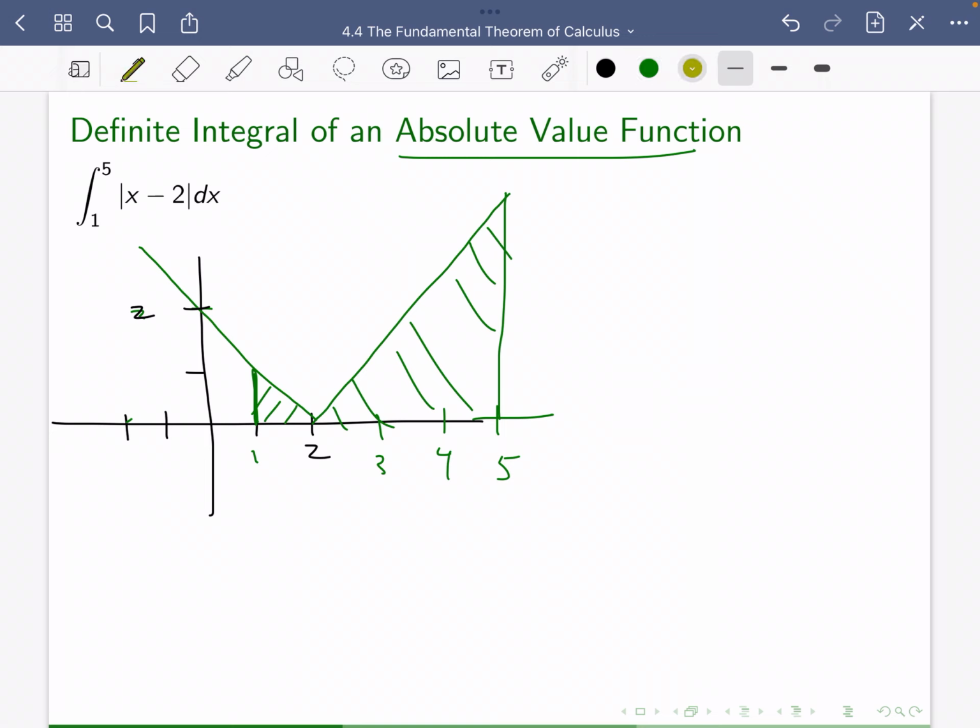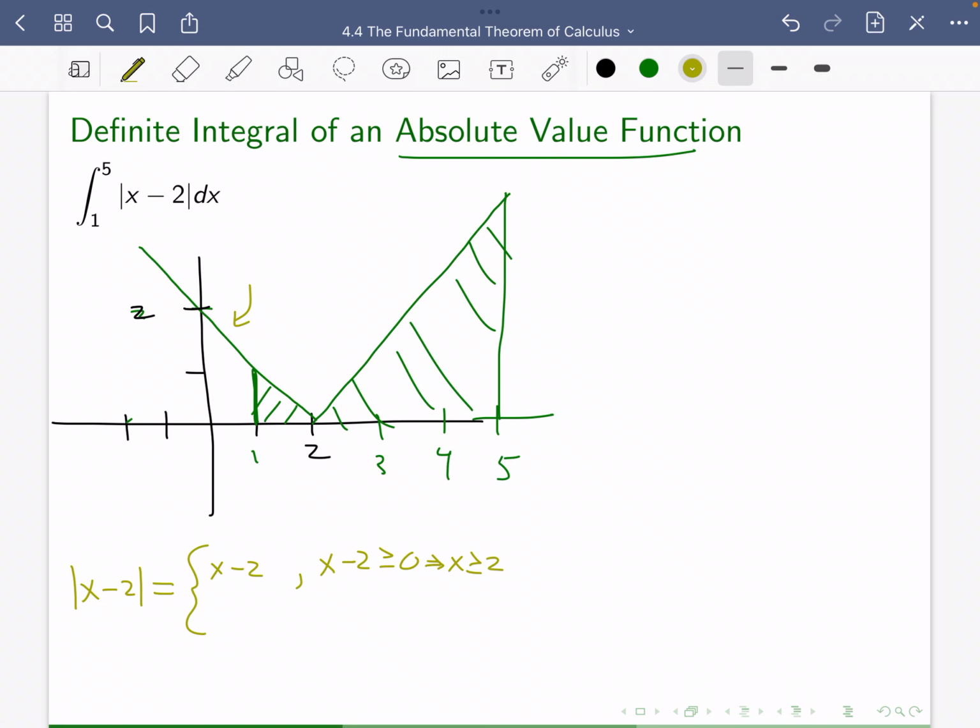So how are we going to go about doing that? Because finding the antiderivative of the absolute value of x minus 2, we can't do that, or at least not directly. So here's what we can do. Remember, absolute value is piecewise defined. So the absolute value of x minus 2 is just x minus 2 as long as the stuff inside the absolute value is bigger than or equal to 0, so as long as our x value is greater than or equal to 2.